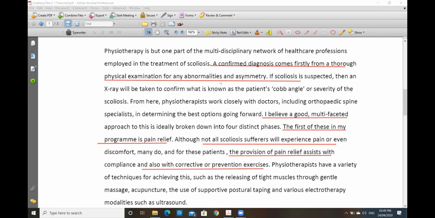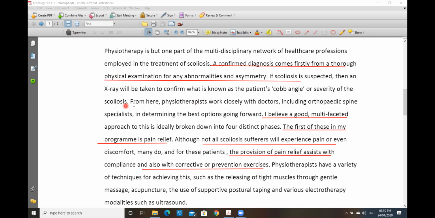So they did talk about determining the severity here, when they said that you can determine it with the help of physical examination. And if scoliosis is suspected, then you take the X-ray to find out the Cobb angle that tells you how severe the condition is. Then they work together. So you had two hints to help you rule out this option.